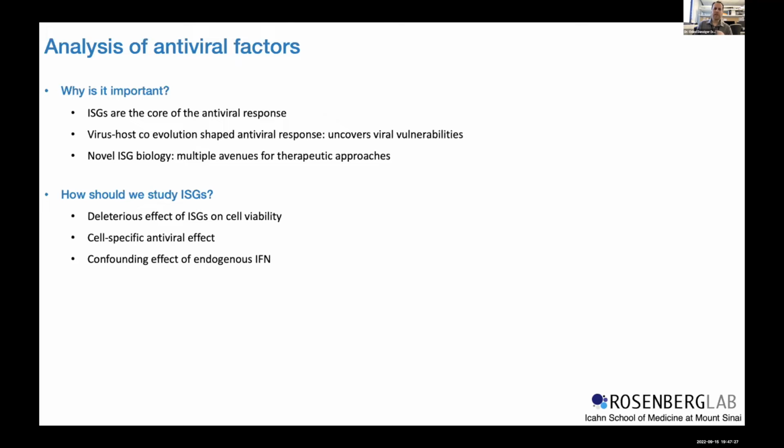There are also very much cell-specific antiviral effects, so an antiviral gene in cell type A will not necessarily be antiviral in cell type B. Also, when we infect cells with viruses, those cells usually secrete interferon, which will create a confounding effect on our readout, which is specifically true when you try to screen for the antiviral effects of ISGs. So we wanted to address those challenges using an expression system capable of high throughput screening of ISGs with antiviral functions.